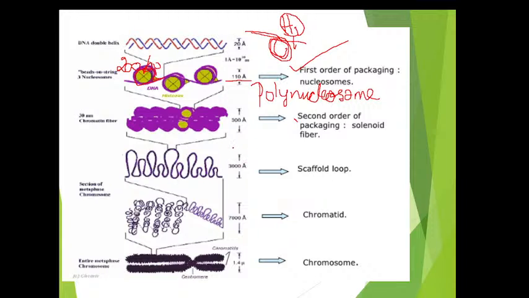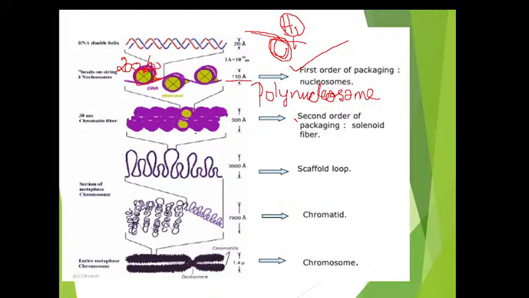Next are the higher levels of chromatin organization. Nucleosome is the lowest level or the first order of chromatin organization. That's over. Next, we'll see the higher levels of chromatin organization, and how more condensation is happening. So, the 11 nanometer beaded structure undergoes much more folding. That is known as second order. In second order, what happens?